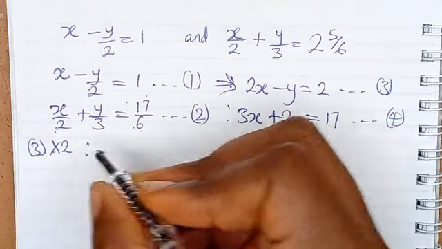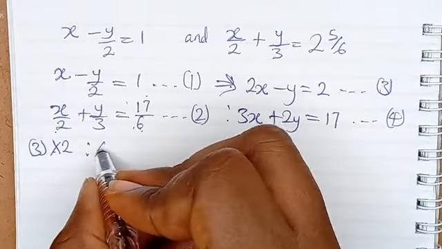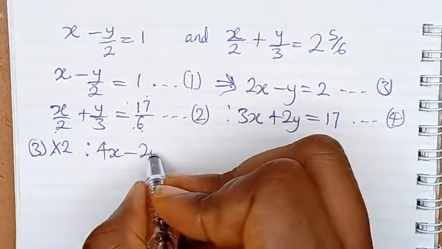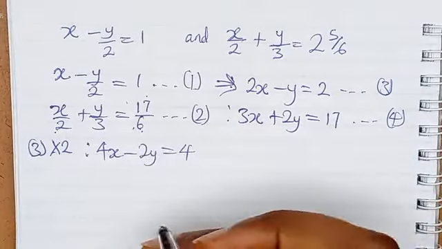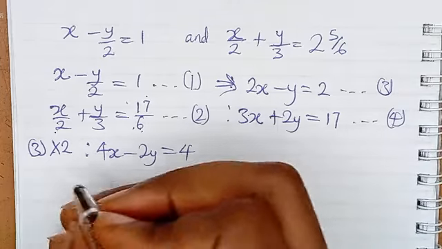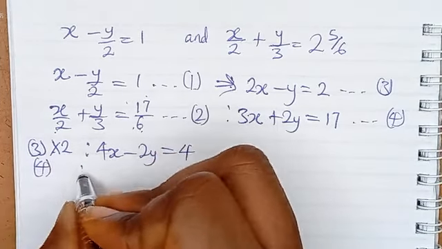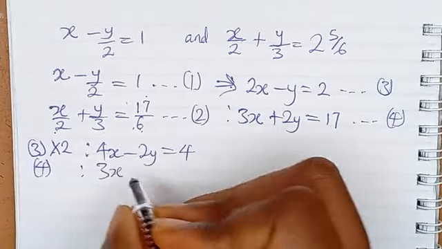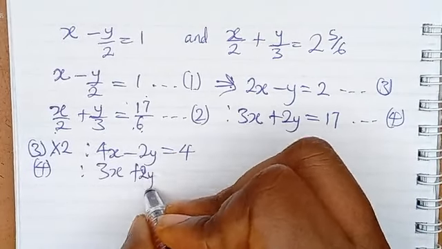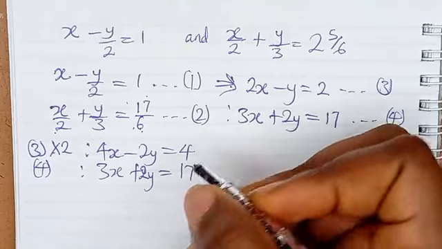Equation 3 multiplied by 2, you have 4x minus 2y is equal to 4. And then we repeat equation 4. Equation 4 remains 3x plus 2y is equal to 17.